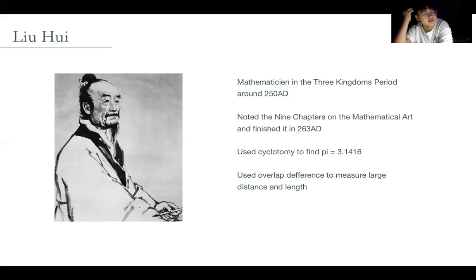He also used the overlap difference to measure large distances and lengths, like the height of a mountain or the distance from coast to coast. That seems really hard for that time. However, Liu Hui did that.